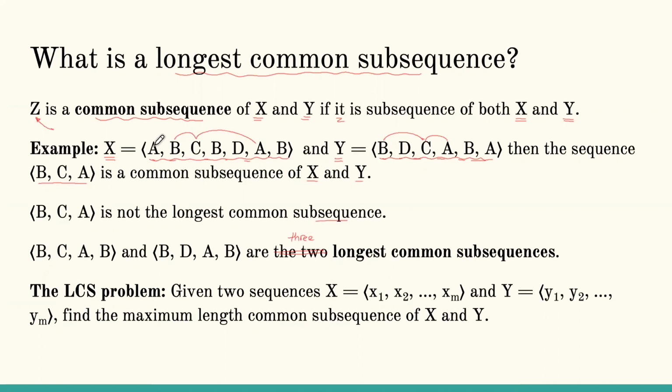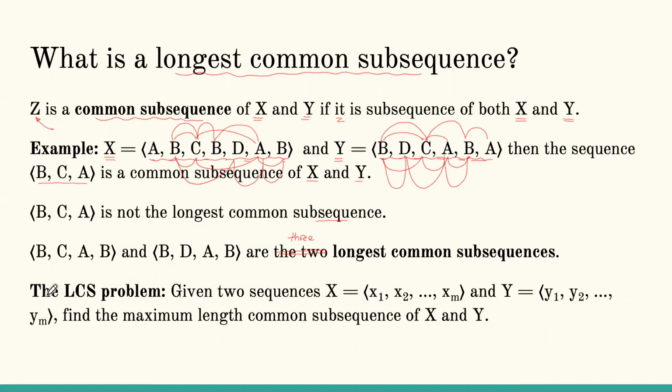One is BCAB, which is here and here. The next is BCBA, here and here. And the other is BDAB, here and here.